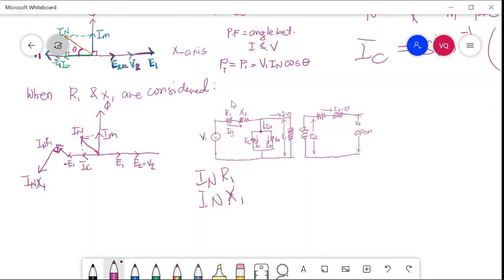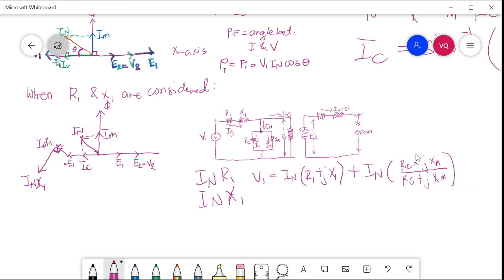So, as we can see here in the circuit diagram, V1 is equal to the drop in R1, X1, that is IN multiplied by R1 plus jX1, plus the drop here, that is plus IN multiplied by the parallel combination of these two, RC times jXM divided by RC plus jXM.